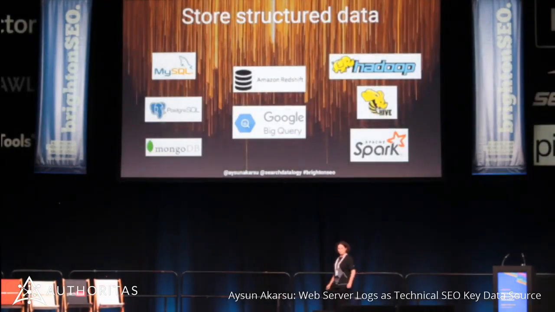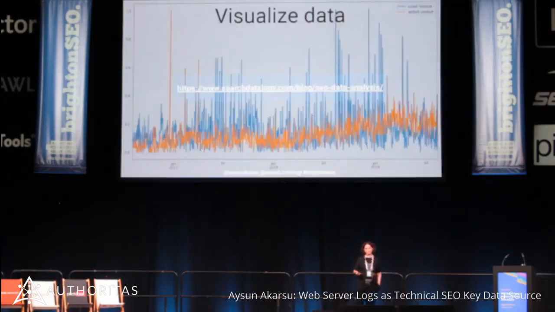And once you parse the data, there's no mystery. You need to store structured data, and it depends on the resources you have. You may choose SQL solutions, NoSQL solutions, cloud solutions, or if you don't want to go to cloud, then Hadoop, Hive, or Spark can help you also.